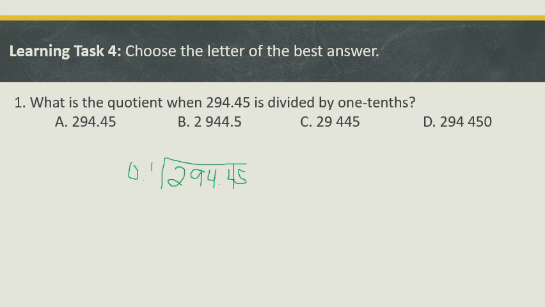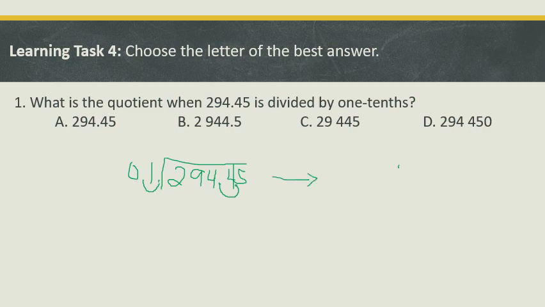So, 0.1. Since ang 0.1 or 1 tenth ay decimal, gagawin natin siyang whole number. Paano nga uli yun? So, imomove natin yung decimal point papunta sa kanan. Ilang beses po? Isa lang. So, dito sa 294.45, isang beses lang natin imomove ang decimal point, kaya siya magiging nasa pagitan na ng 4 at saka ng 5.